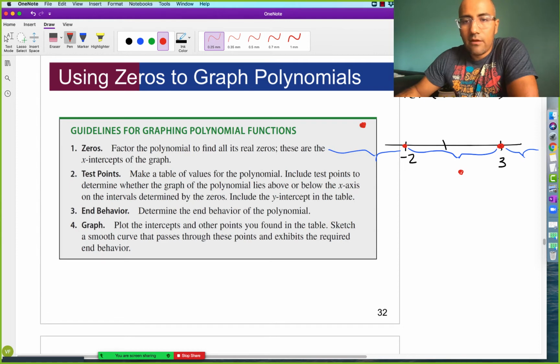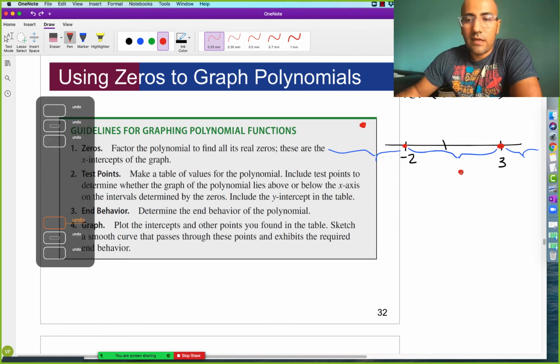x-axis. It can't go through another one, because if it went down this way, then there would be other x-intercept points. Right? So we already know the x-intercept points. We can't have any additional x-intercept points. So once we have a test point, all we really care about, besides if you can actually find the ordered pair, that would be nice.